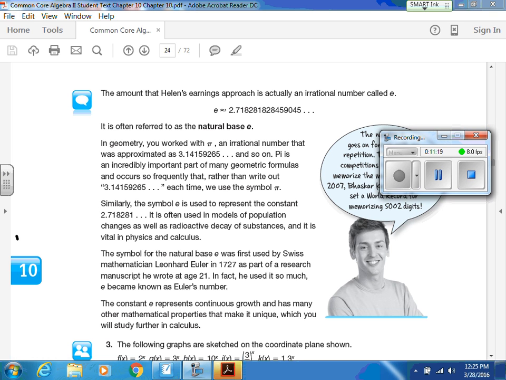There is a guy with this name right here: Leonard Euler. We say Euler, like Bueller, but his name is actually Euler. He's Swiss. When he was 21, he first named this number in a book that he was writing.